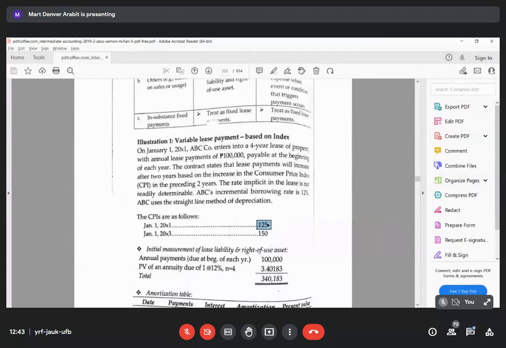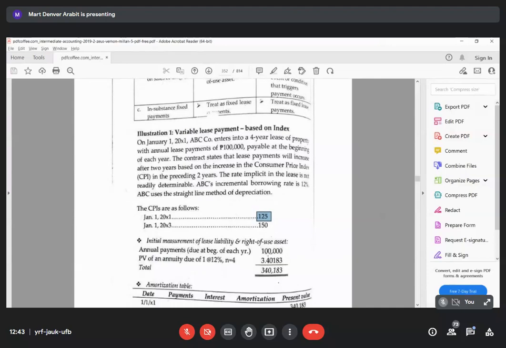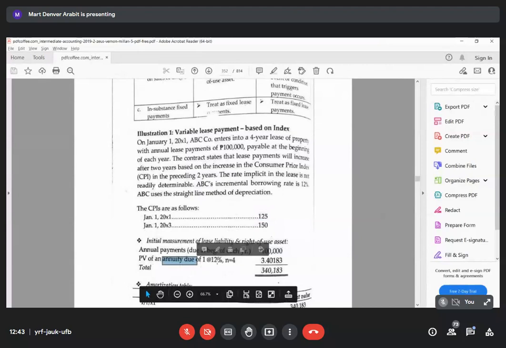Okay, so the initial measurement of lease liability and right of use asset as of that year is the annual payment of 100,000 multiplied by the present value of annuity due of 1. So meaning this is in advance. So 3.4, annuity due of 1 at 12% at 4 years or 4 periods.